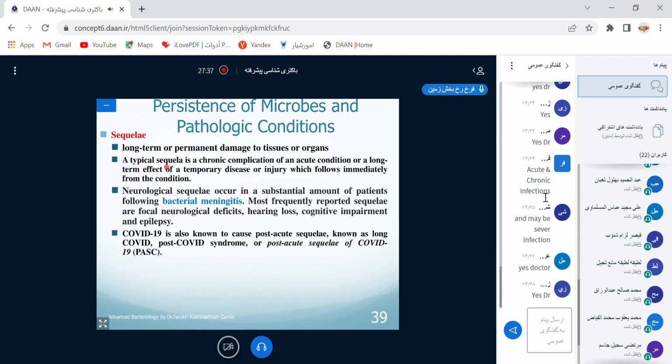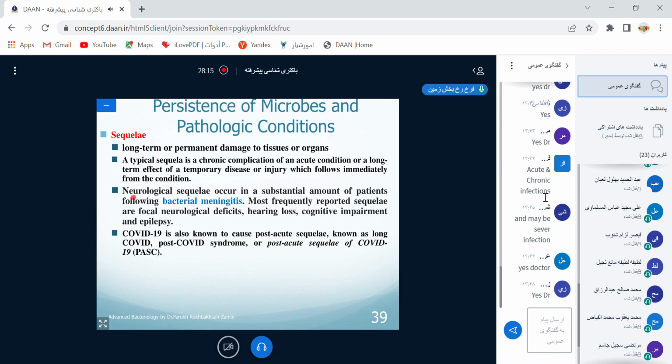So a typical sequela is a chronic complication. So a sequela is a situation in which infection is chronic. Infection is in the body for a long time, of an acute condition or a long-term effect of a temporary disease or injury which follows immediately from the condition. Like what?